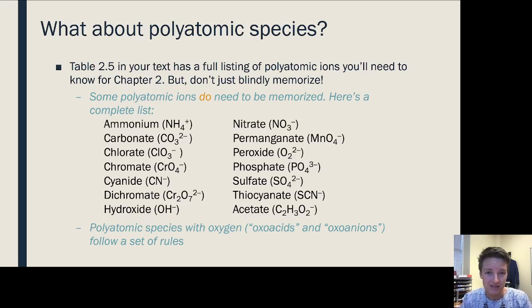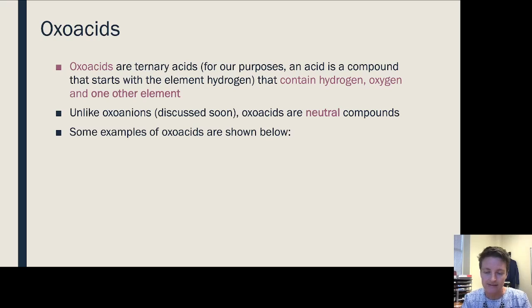Similarly, although the rules are going to be a little bit more complicated and we're going to have to talk about them, polyatomic species that have oxygen as one of the elements present, which are going to be called oxoacids and oxoanions, also follow a set of rules. So if you can learn the rules, it's going to cut down drastically on the amount of memorization that we have to do. So let's start off with oxoacids.